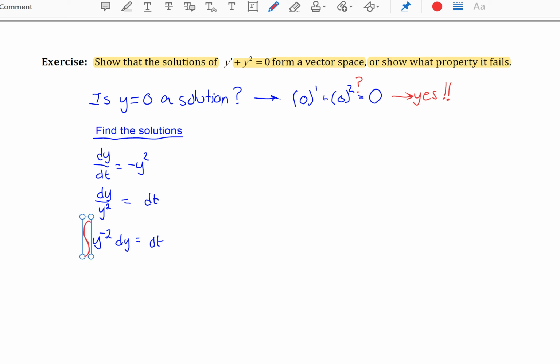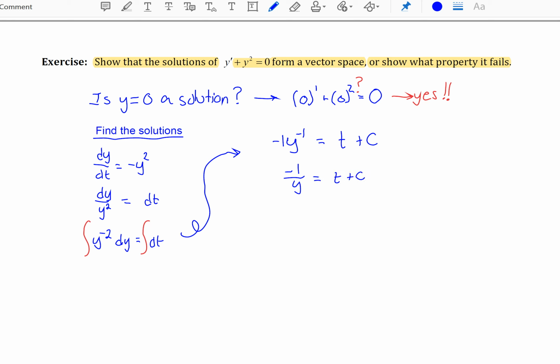And let's find our antiderivatives. So here, the antiderivative of the left-hand side would be the opposite of the power rule. Let's add 1 to our exponent, divide by our new exponent. Right-hand side, the antiderivative would be t plus c.